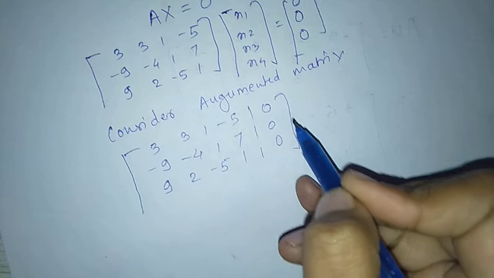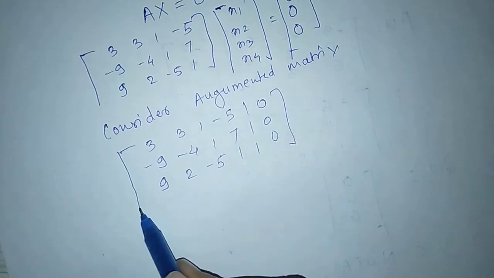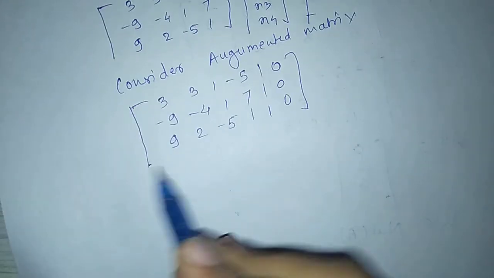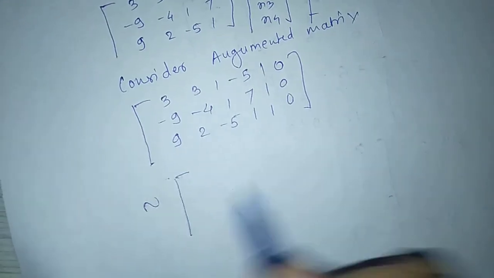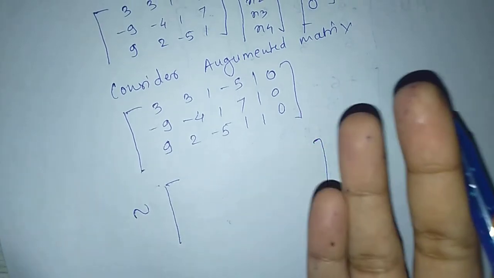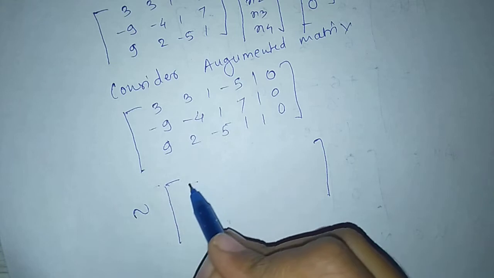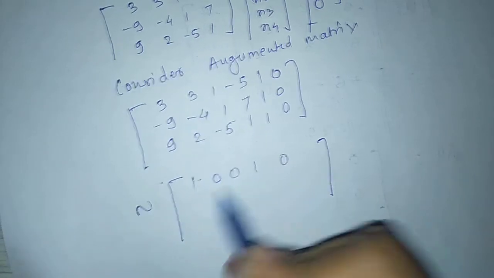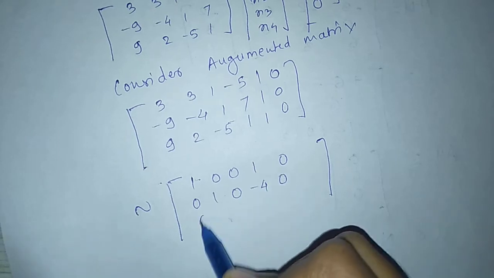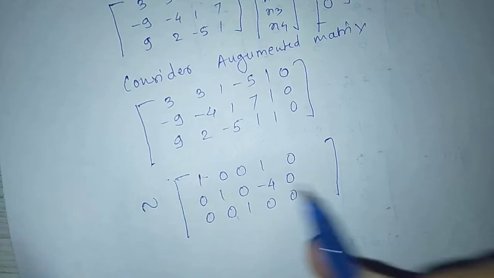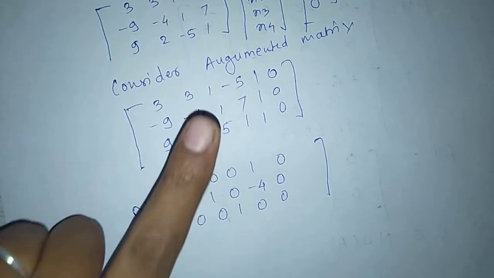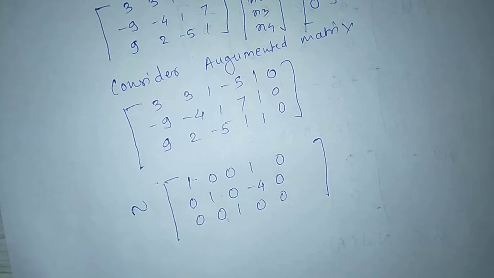When we apply suitable row operations, it converts into reduced row echelon form. We get the matrix with rows 1, 0, 0, 1, 0; 0, 1, 0, -4, 0; 0, 0, 1, 0, 0. This is nothing but the reduced row echelon form of the above augmented matrix.